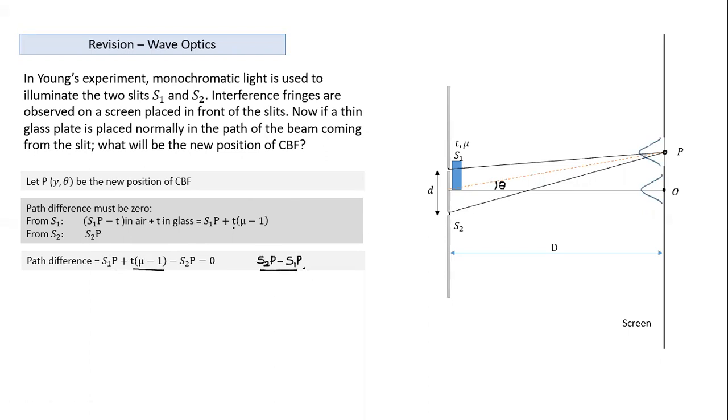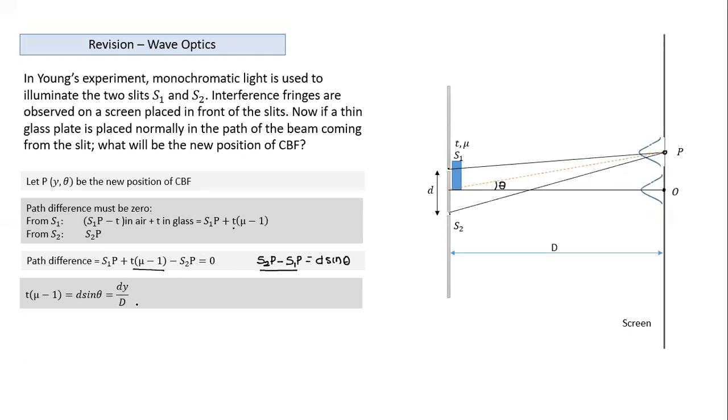We know this term already: it is the physical path difference at a point having angular position theta. If theta is small, the path difference is d sine theta, so we substitute that here. We find that t into (mu minus 1) is equal to d sine theta. And if y is small, it can also be written as d y by capital D.